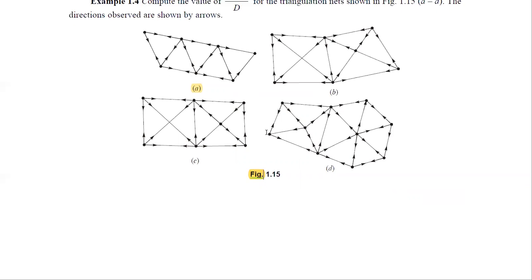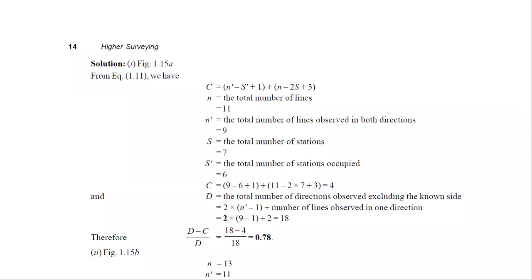So D will be 2 into 9 minus 1, and as that is the number of lines observed in both directions, that will become 16, plus the number of lines observed in one direction only. What will that be?